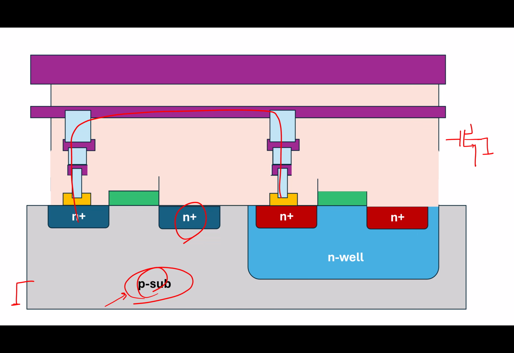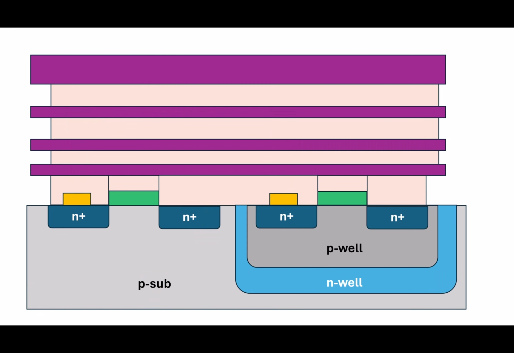But of course, sometimes there are special processes where you can actually exercise control on what voltage you connect the P substrate to, which means the P substrate cannot be common to all the NMOS transistors. So what is done is the following. For that, you have a separate P well, but that should be put in an N well so that it is isolated from this common P substrate.